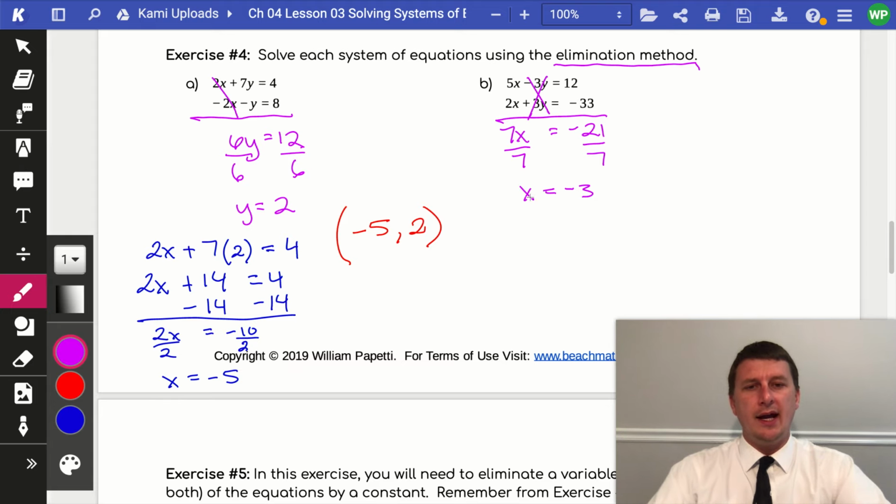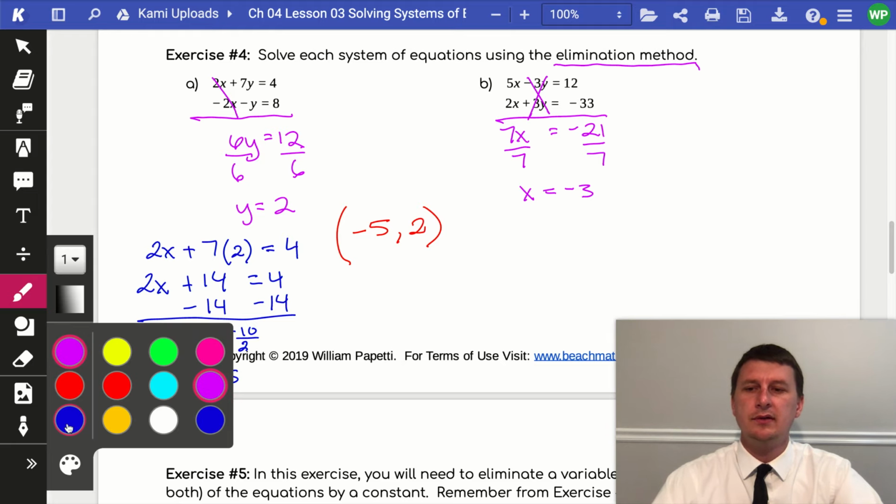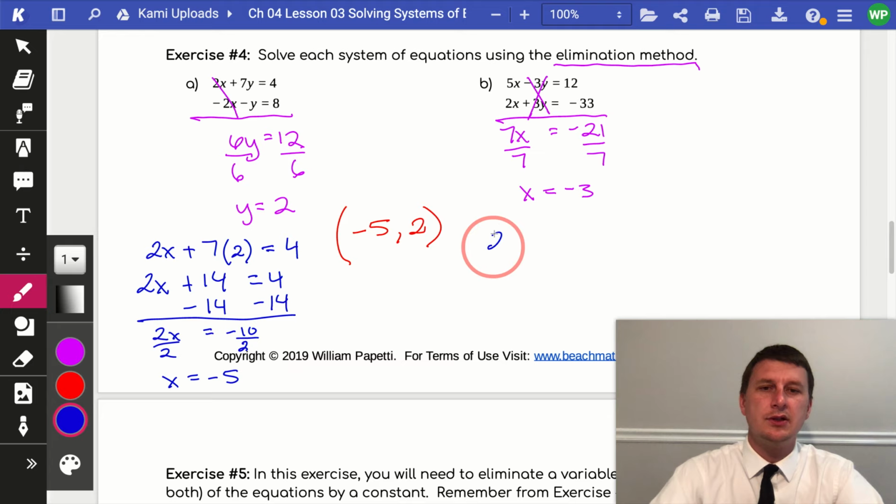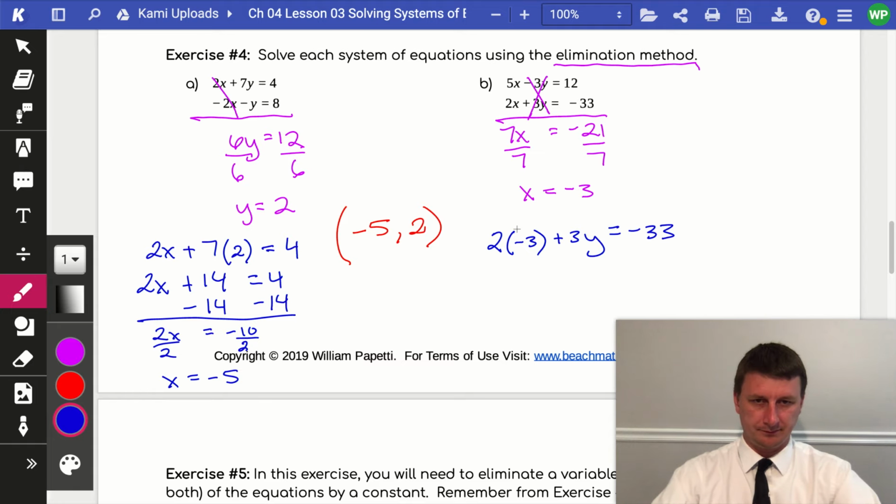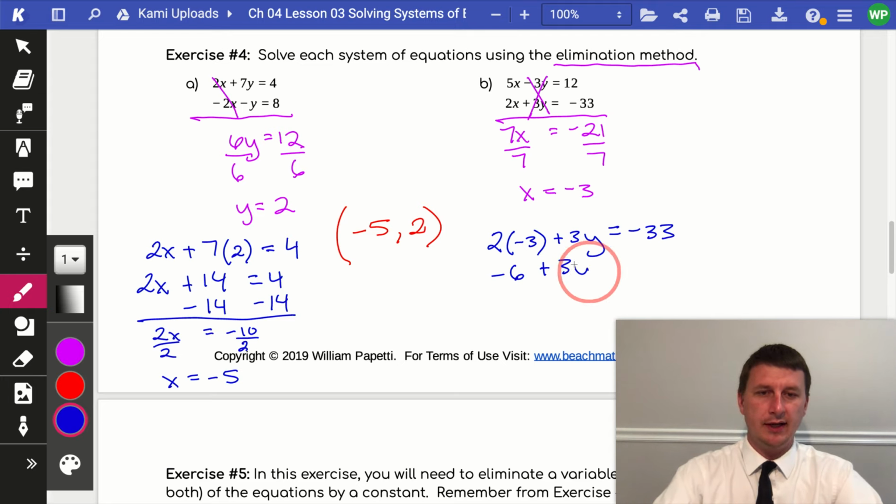So now that we have our x value, we want to substitute our x value into either one of these equations. I'm going to choose the second equation, the 2x plus 3y. So I'm going to change my color over here, and 2x, but instead of x, I'm going to insert that negative 3, plus 3y is equal to negative 33. 2 times negative 3 will give me negative 6 plus 3y is equal to negative 33.